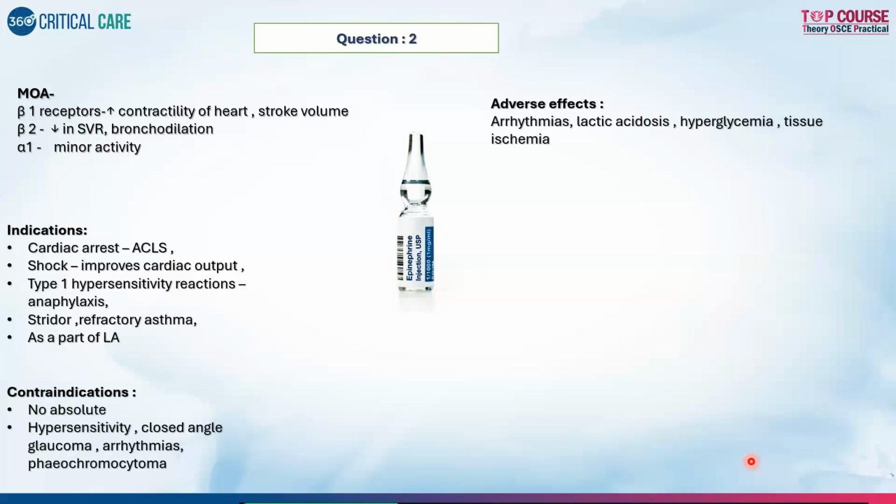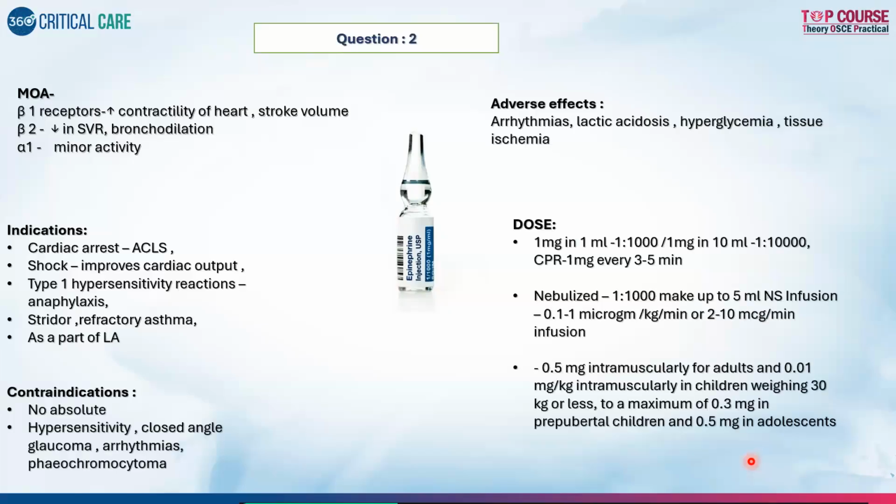Adverse effects, it can cause metabolic acidosis, hyperglycemia, tissue ischemia, and the dosing being it can be given in the form of IV during CPR, 1 milligram every 3 to 5 minutes as mentioned in the ACLS guidelines, as nebulization during asthma, and also during anaphylaxis, the dosing being 0.5 milligram IM for adults or 0.01 milligram per kg IM in case of children weighing less than 30 kg.